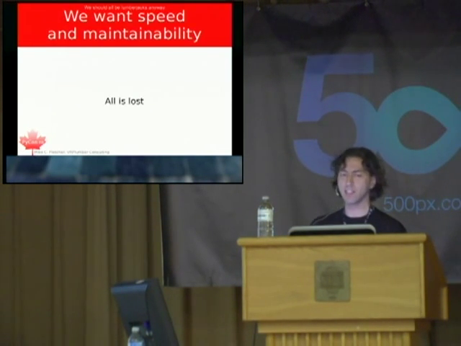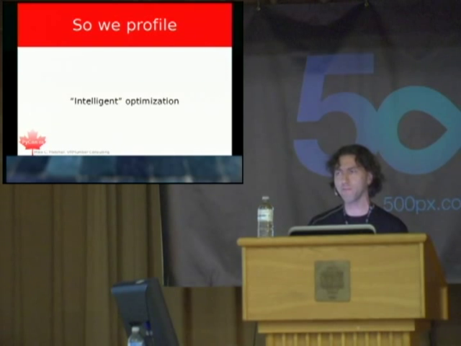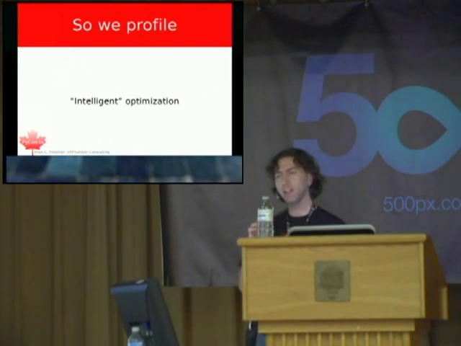And what we need is speed and maintainability. And so we pretty much have to give up, because there's no way we can ever become computer programmers. However, we can profile. And profiling is about that intelligence in the optimization.